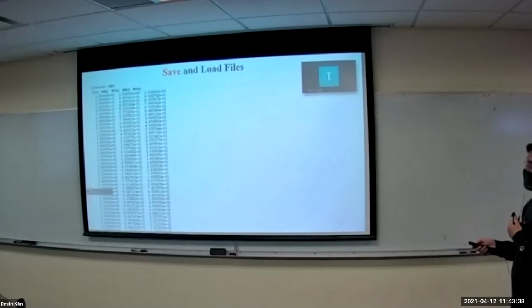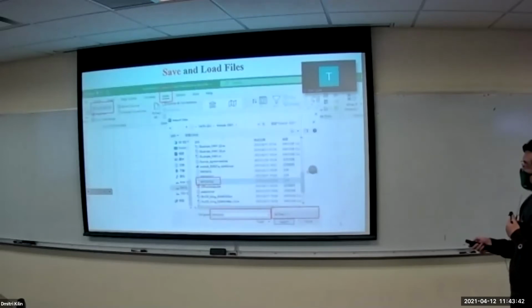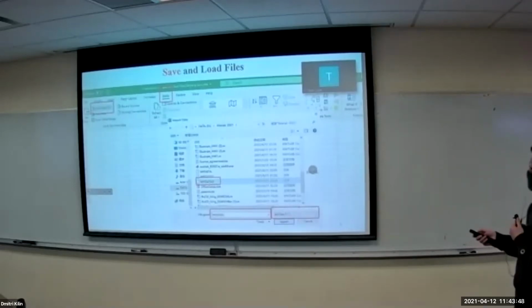If we want to save the data in Excel, we just click Data and From Text or CSV, and we find the document.